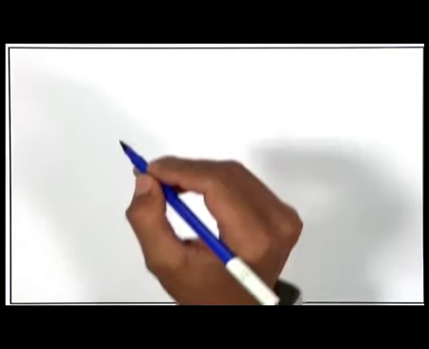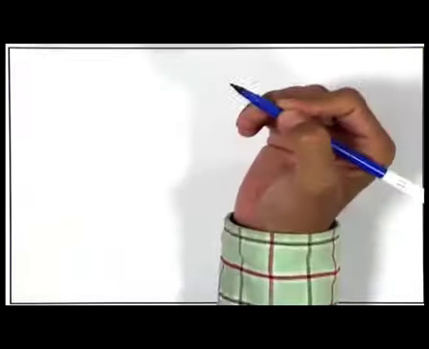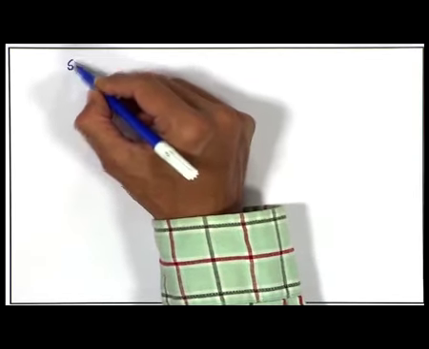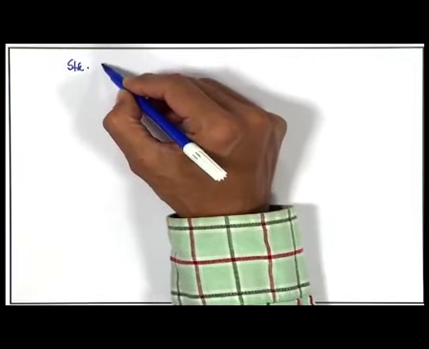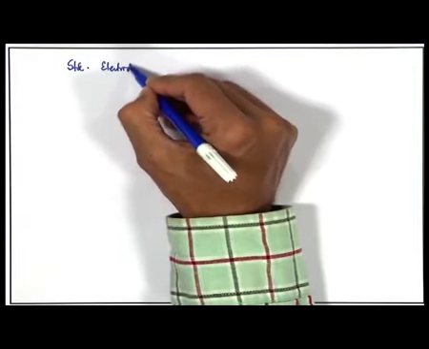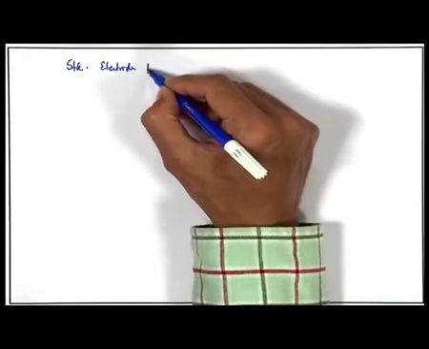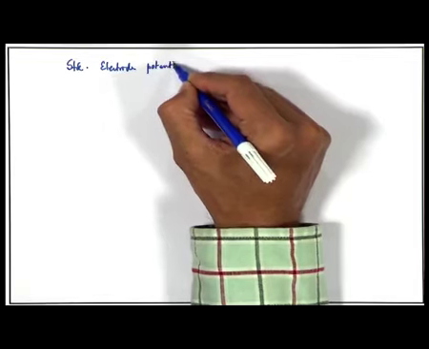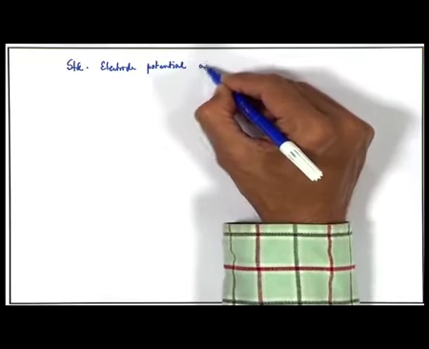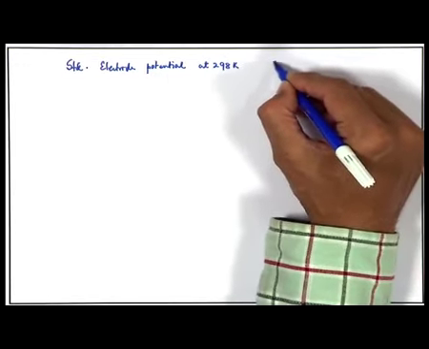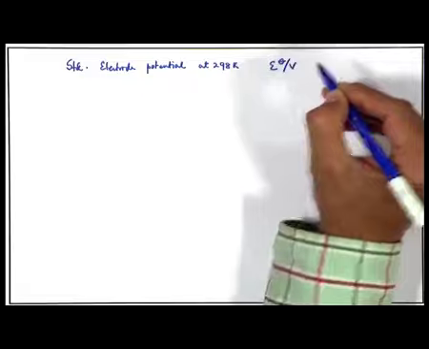Okay. So, let us look at some standard electrode potentials, reduction potentials at 298 Kelvin of some substances. Standard electrode potential at 298 Kelvin, E0 in volt.